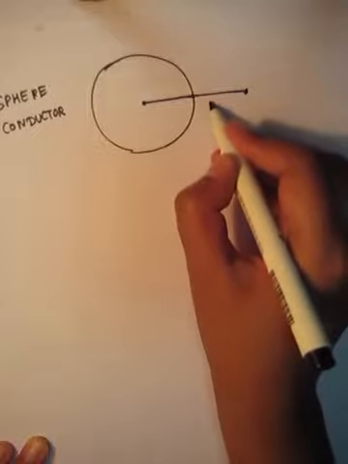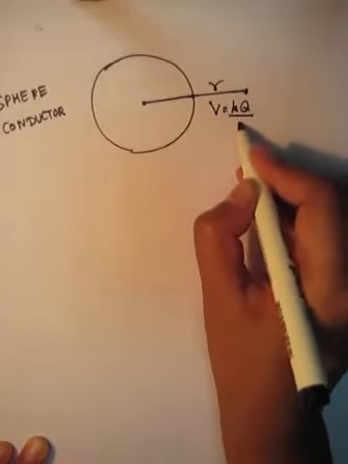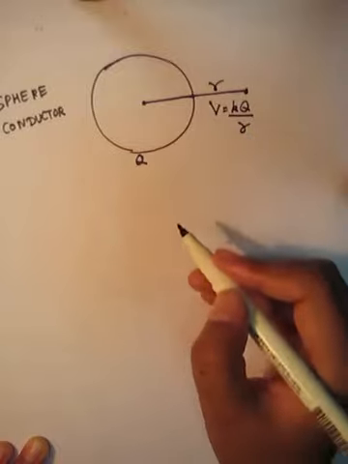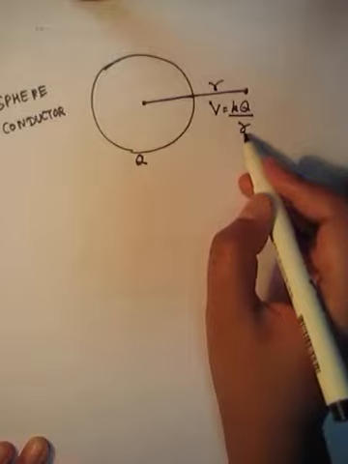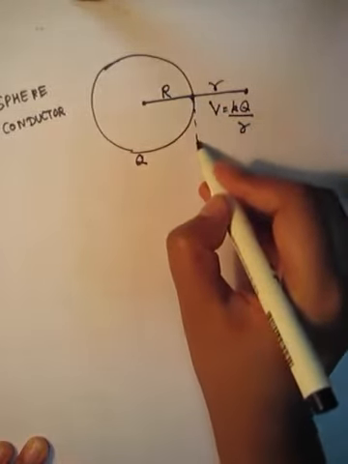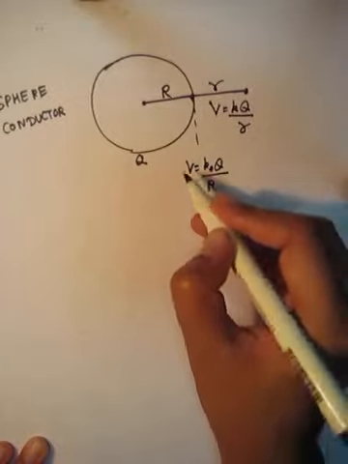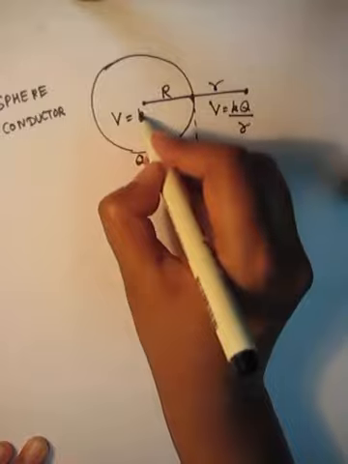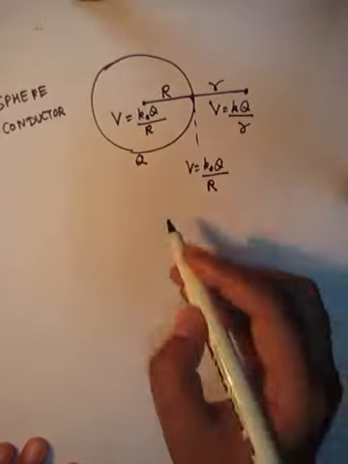Outside, if this is R and the charge on this conductor is Q, it will vary with KeQ upon small r. On the surface, the potential will be KeQ upon capital R, and inside it will be equal to KeQ upon R, because it is constant inside.